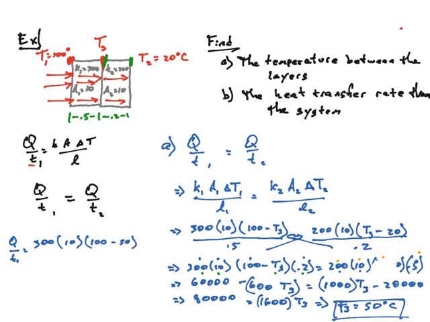It's 50, divided by L1, 0.5. And now all I have to do is plug these numbers in to my calculator, and I'll get my answer. Here I get 300,000 joules per second.